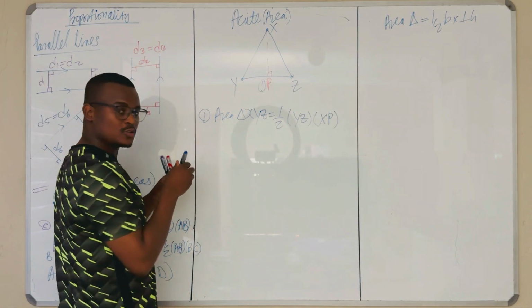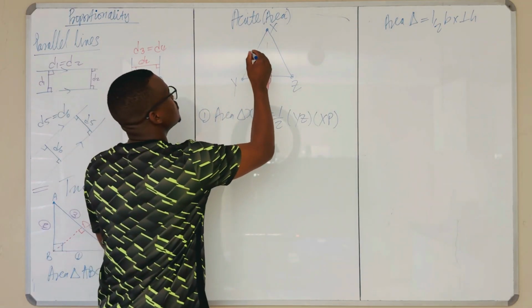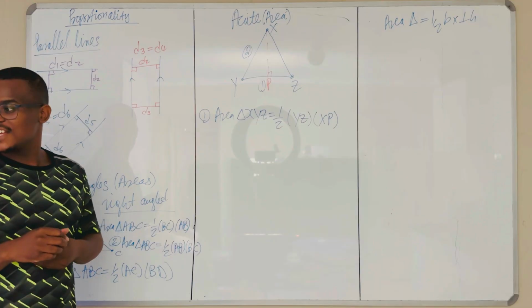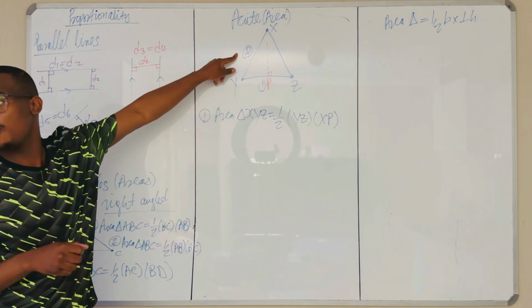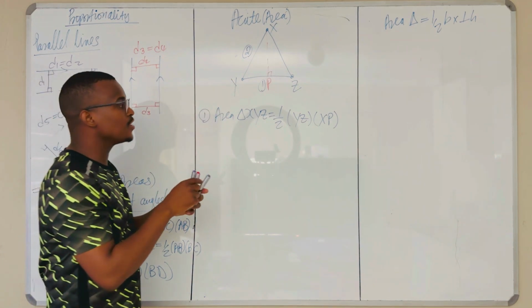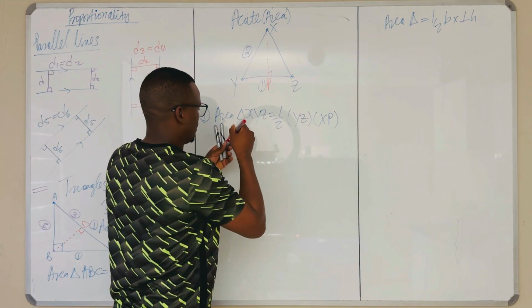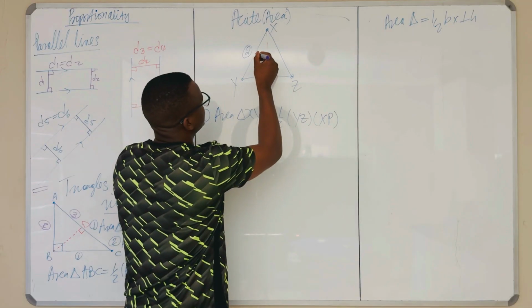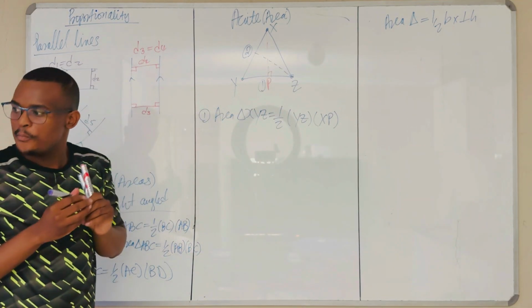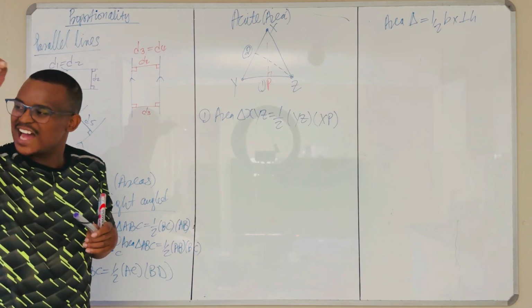Yes. Now let's go to the second part. Let's use this side now. We can use yz or xz. We can use xz as our base. Do we have an altitude? No. So an altitude from there will be starting from here to there. We should always start from your base to the other vertex.